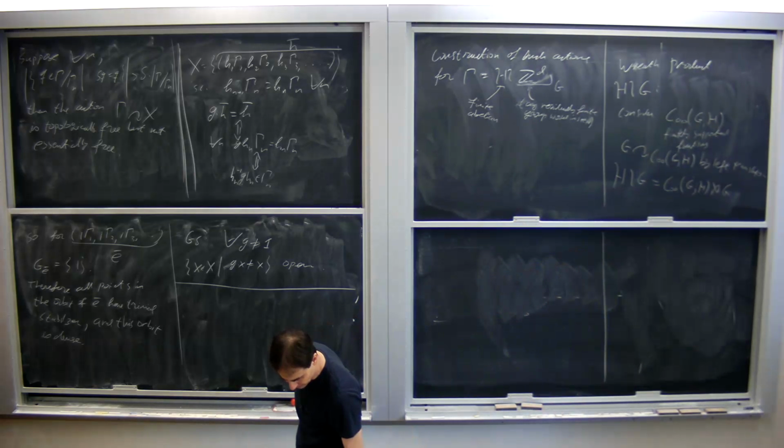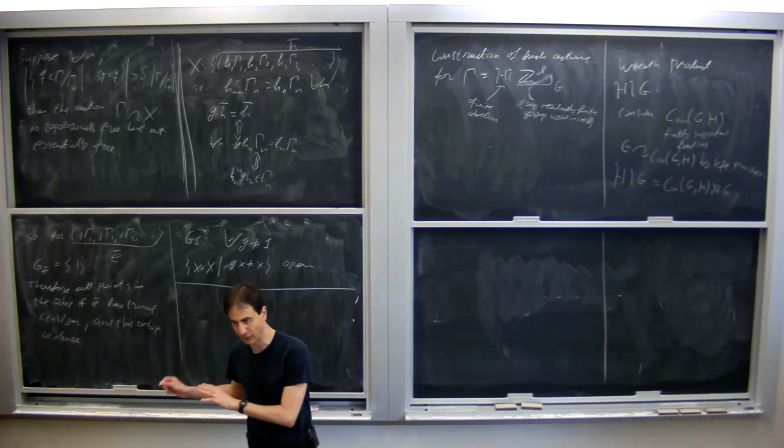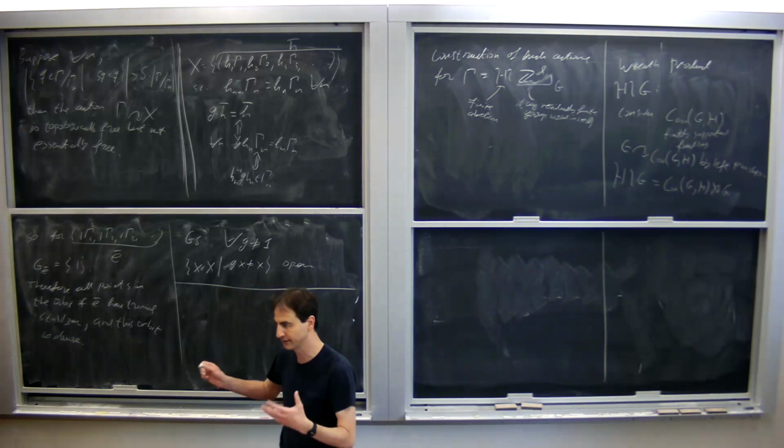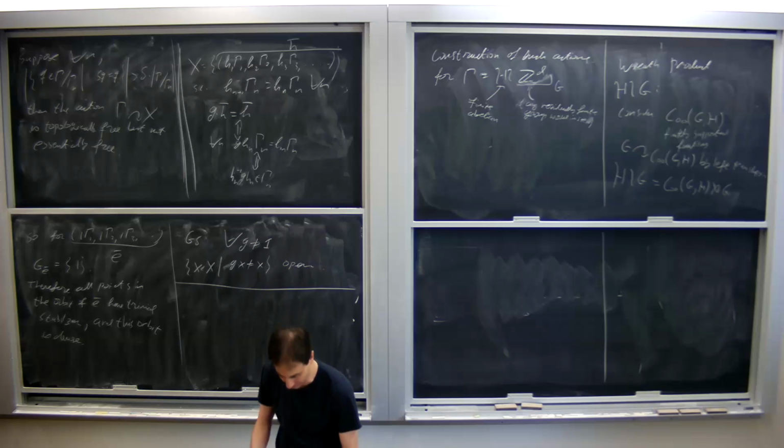Okay, so the idea, which I'm not going to go through the details of how we do it, but you just have to verify that these things can be done. At this point it becomes an exercise to see it can be done.